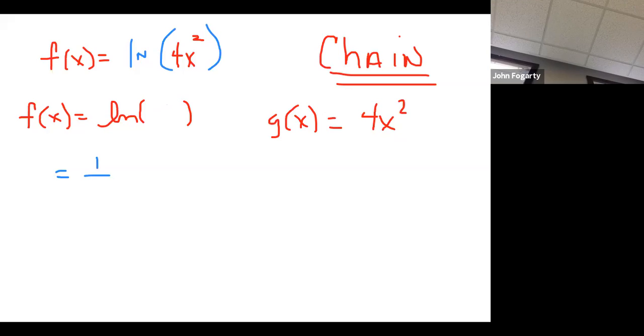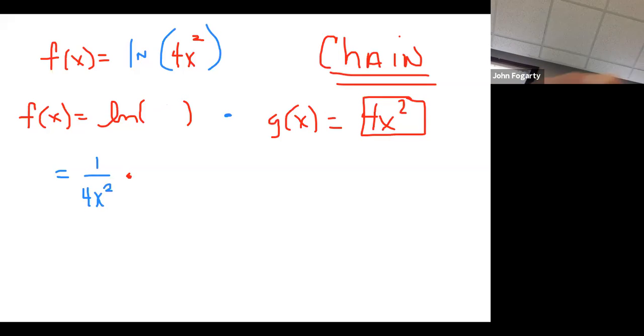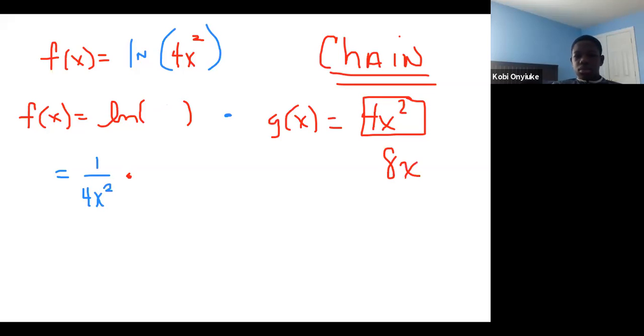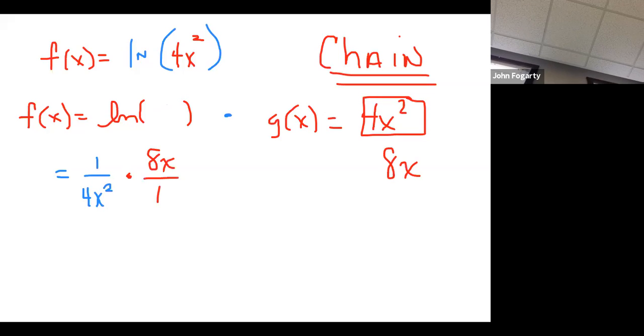So it's 1 over 4x squared. And to that, we are simply going to multiply g of x. So what's the derivative of that? 8x. So that's 8x over 1.